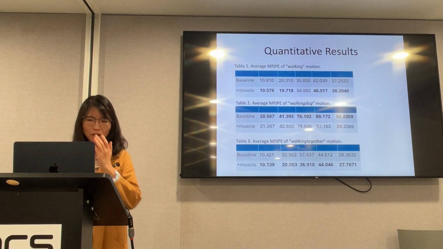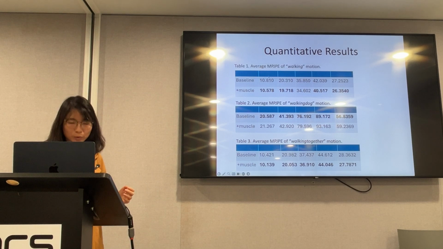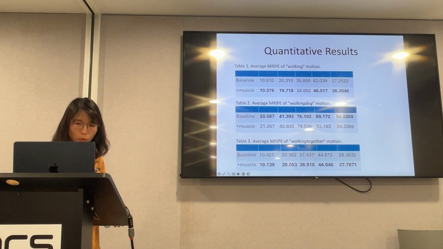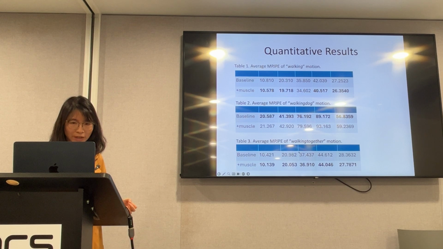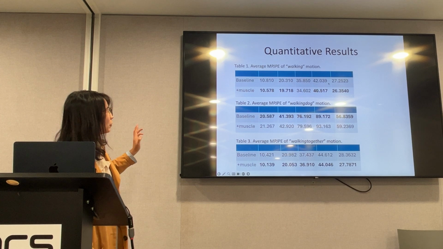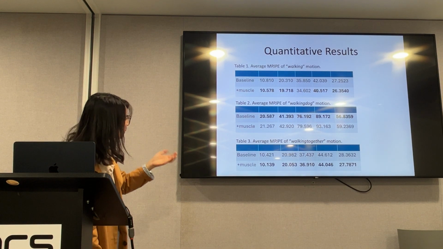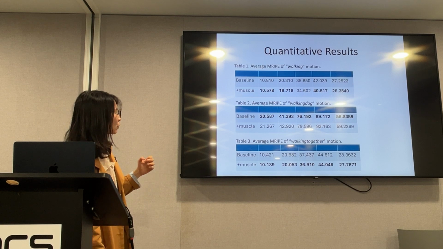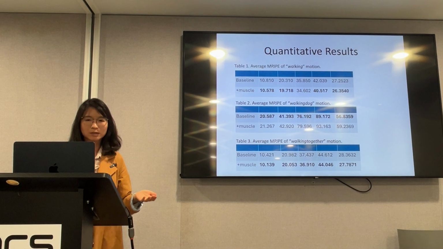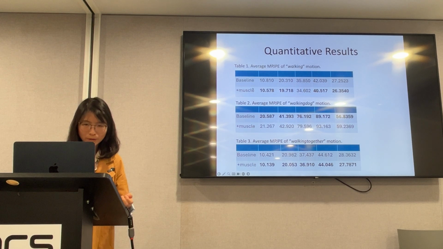So here are our quantitative results. Each table presents one specific motion: walking, walking dog, and walking together. For each table, the first row is the baseline numbers, and the second row shows the corresponding MPJPE number after incorporating the muscle information.